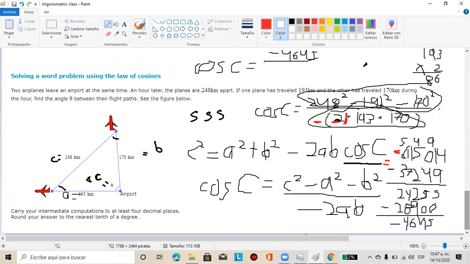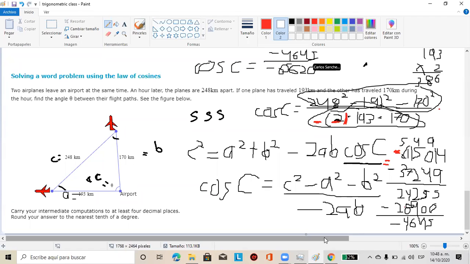All right, 193 times 2 is 386, and then 386 times 170 is equal to 65,620.